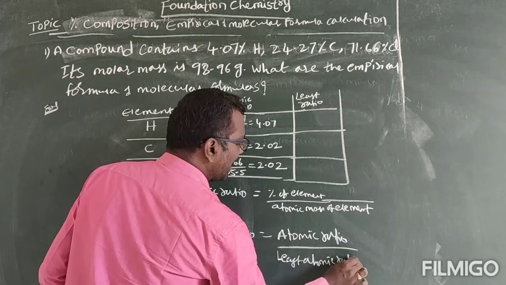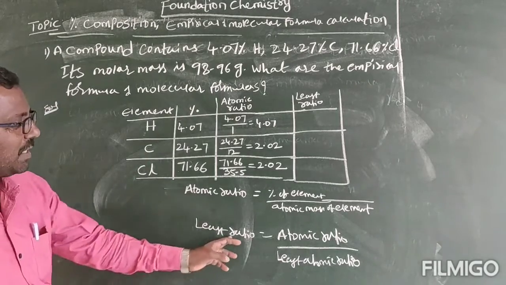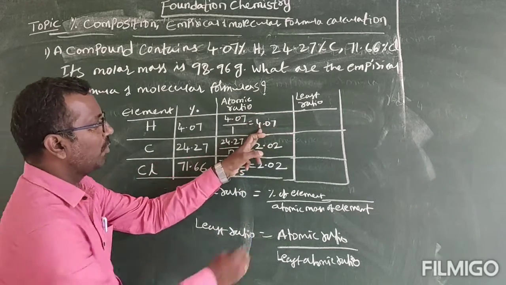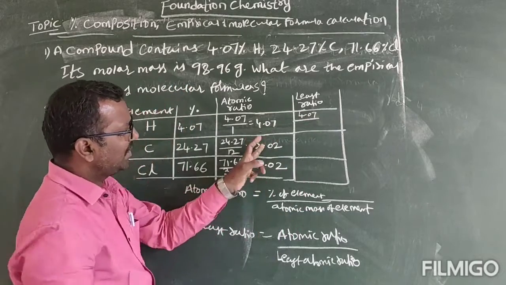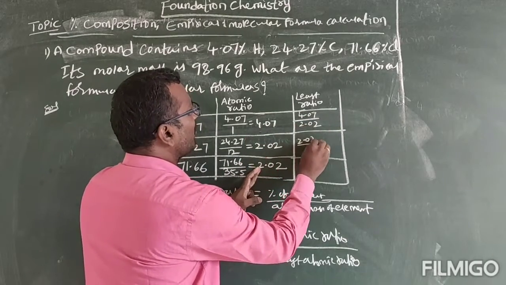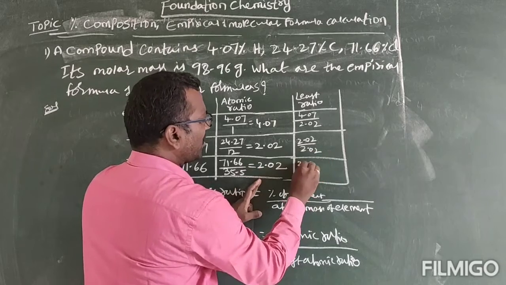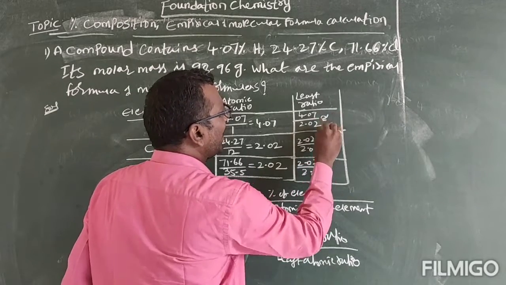Okay, the least atomic ratio you have to calculate. So the least atomic ratio, how you will get 4.07. What is the least? 2.0. Here 2.02 by 2.0. Approximately you write.